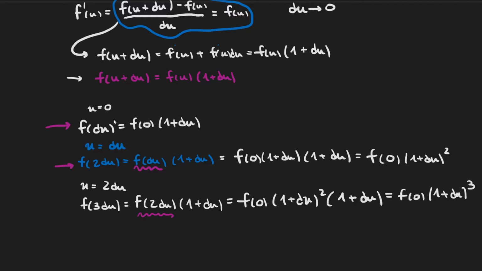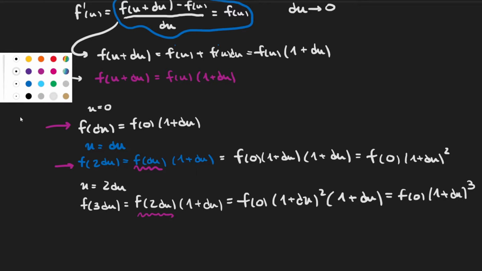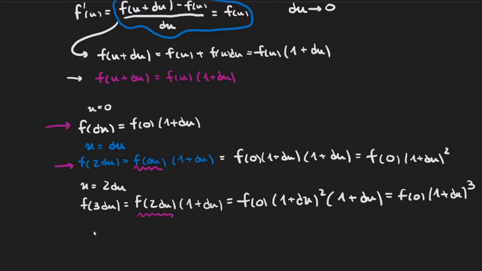And you're seeing a pattern here, I think, because I saw it. That pattern is, if we take n dx steps, what we eventually get is f(0)(1 plus dx) to the power of n.